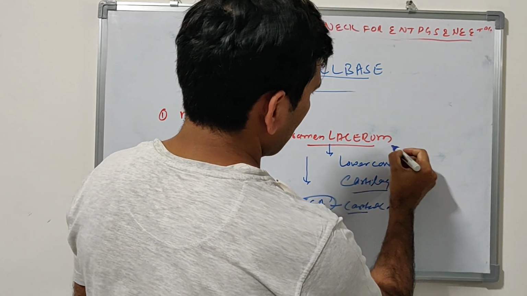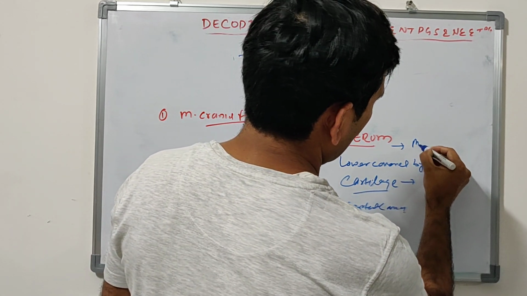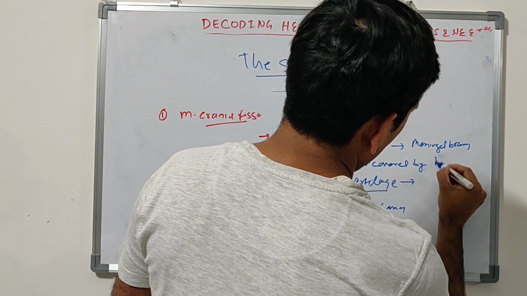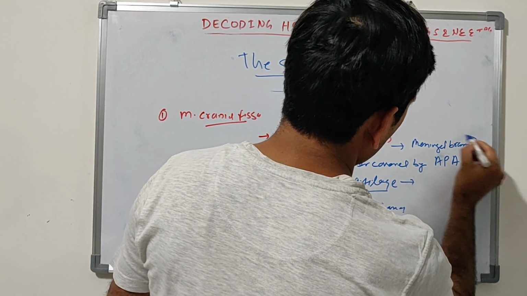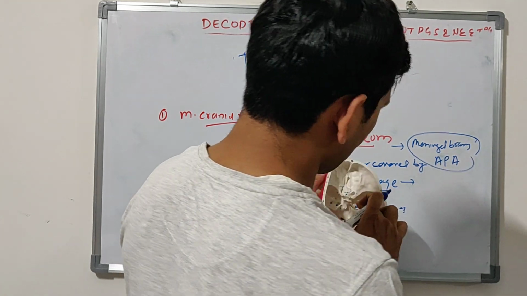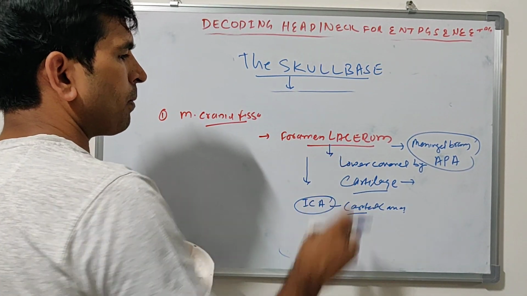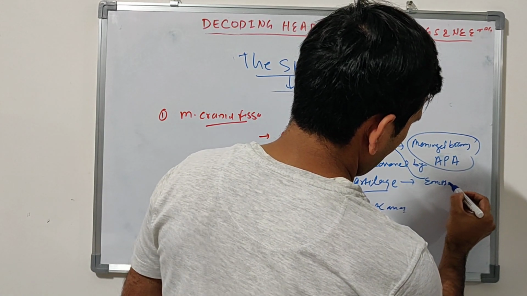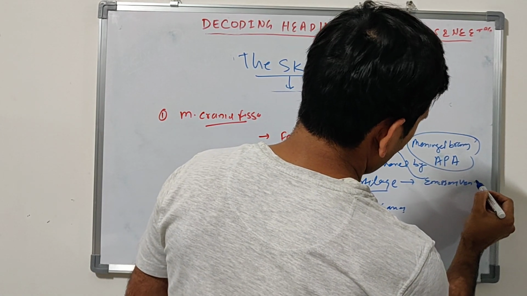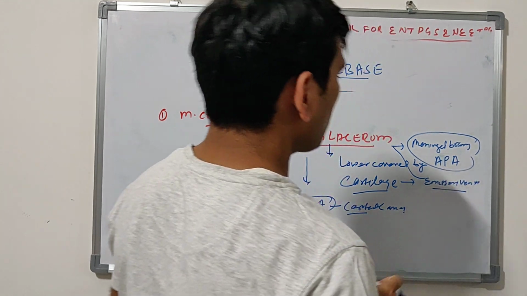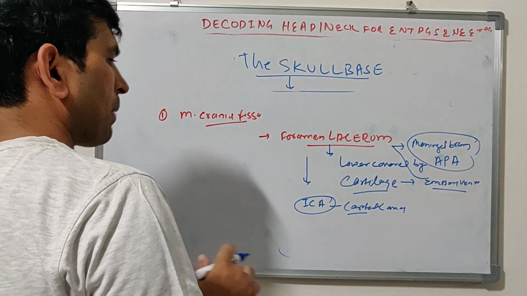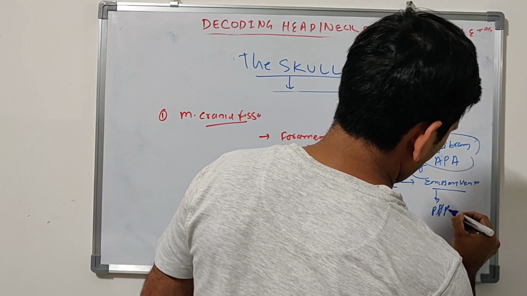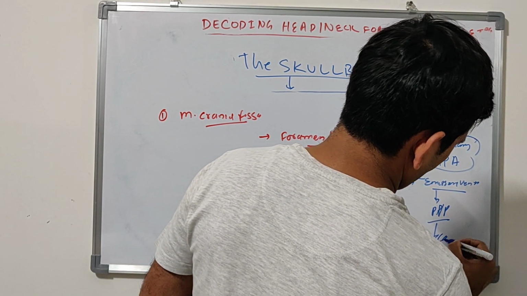Sometimes here you may have the meningeal branch of the ascending pharyngeal artery. The meningeal branch of the ascending pharyngeal artery may come through this foramen lacerum with some emissary veins, which connect the pterygoid venous plexus to the cavernous sinus.